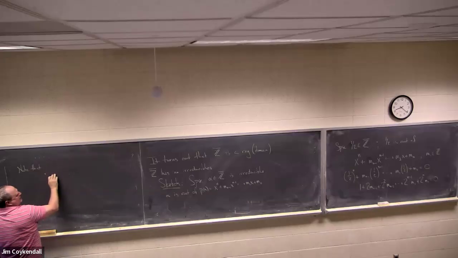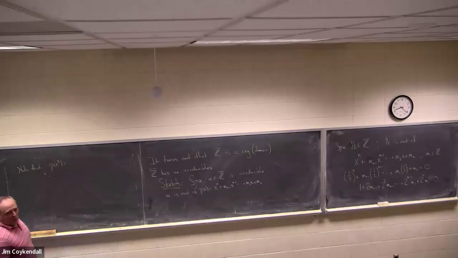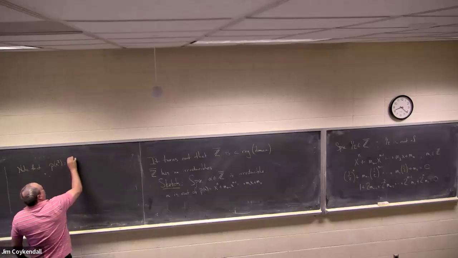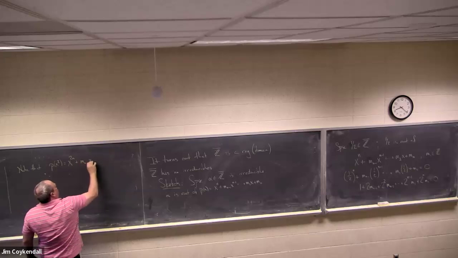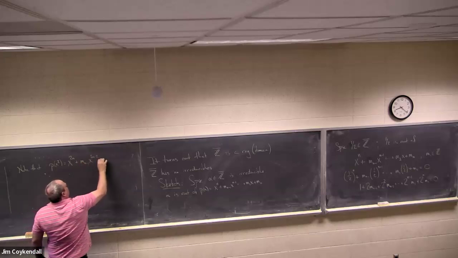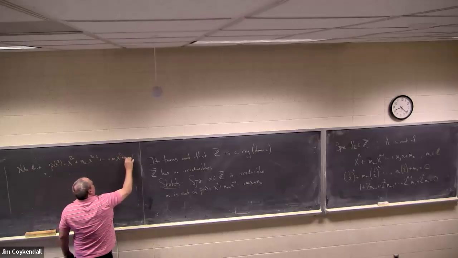Note that if you look at the polynomial p of x squared, which is x to the 2n plus m_{n-1} x to the 2n minus 2, and so on, down to m_1 x squared plus m_0.